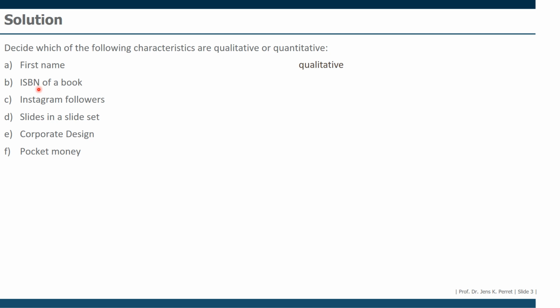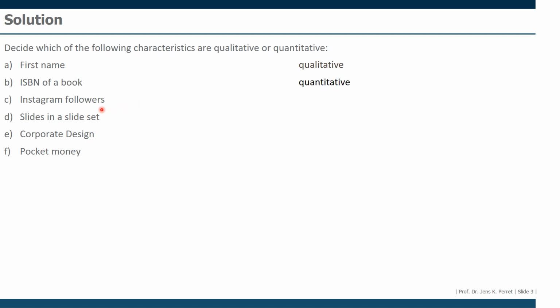Because the last character is something like a checksum. So it calculates based on the first numbers whether this checksum at the end checks out, and this is actually a valid number. This is a mathematical algorithm which comes to work here. So this is a classical example of quantitative data.